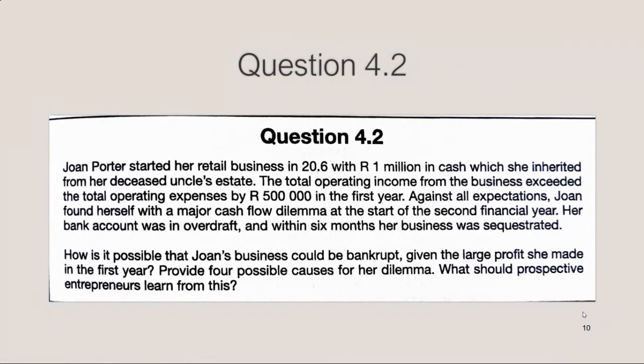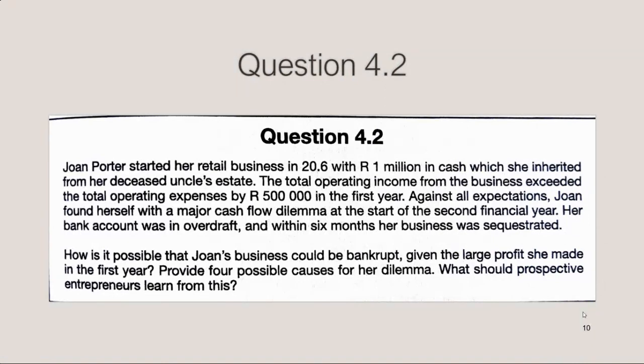The total operating income from the business exceeded the total operating expenses by $500,000 in the first year. If your total operating income exceeds your total operating expenses, that is another word for your profit. So her profit in year one was $500,000.